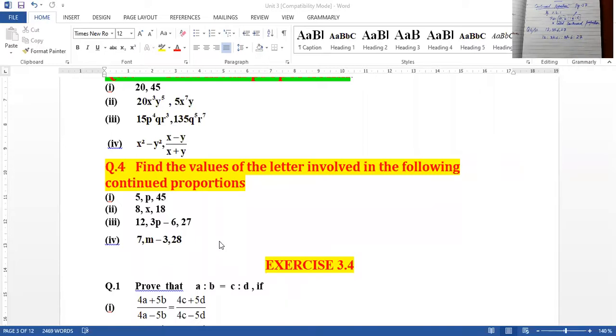So you just have to arrange it, because it is written they are in continued proportion, and then we are asked to find the value of the missing letter like M, P, or whatever is written in the statement of the question. You just have to arrange the question according to this pattern, get it multiplied, and then simplify, fine? So you will be writing 3p minus 6 whole square and product of extremes 12 into 27, and then you will solve.